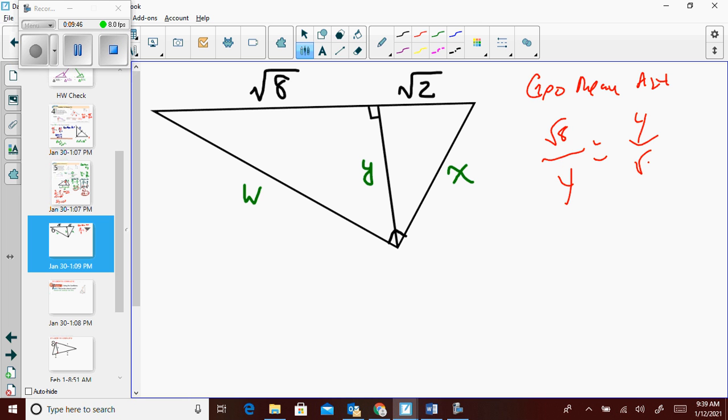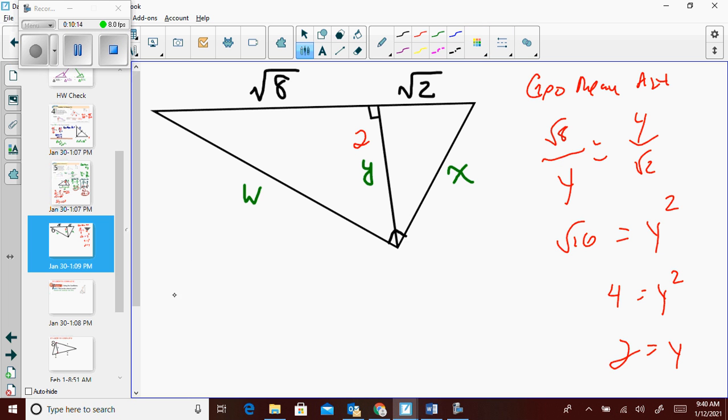Radical 8, radical 2. Y squared is equal to the square root of 16. So y squared is equal to 4. Y is equal to 2. I know that's a terrible drawing. That doesn't really look like a right angle. But we found our y, okay?